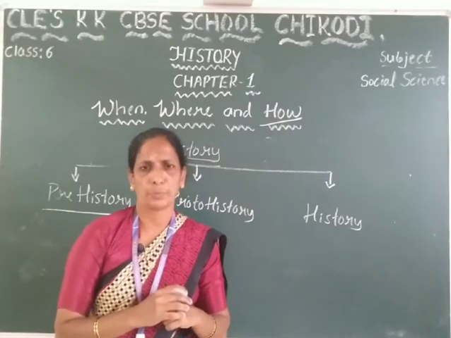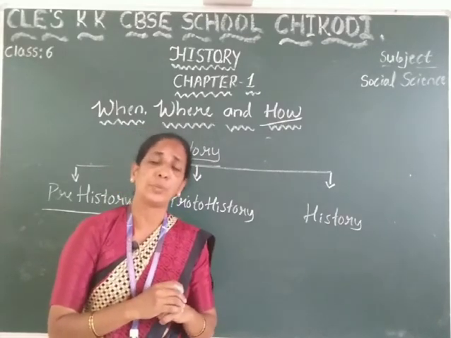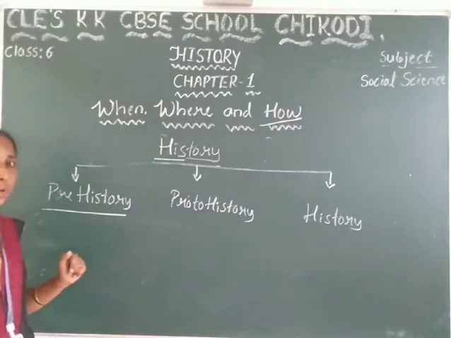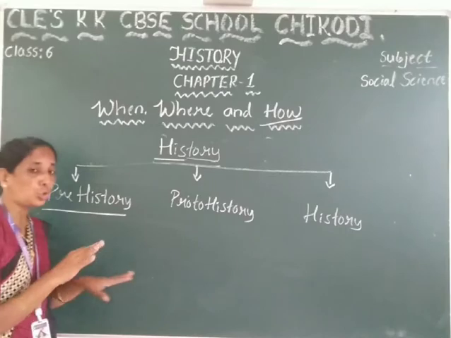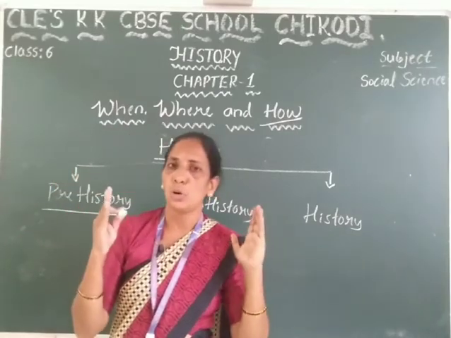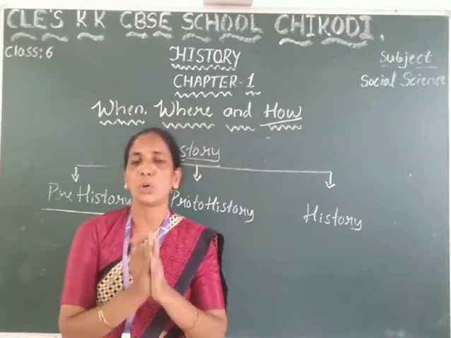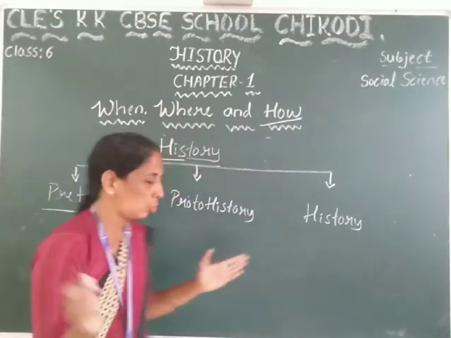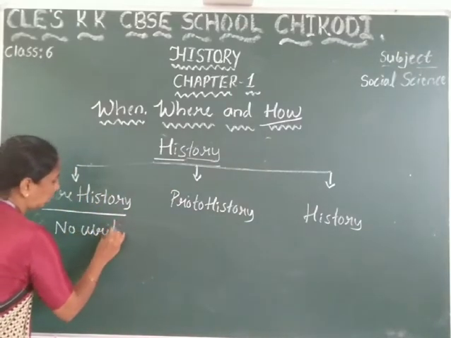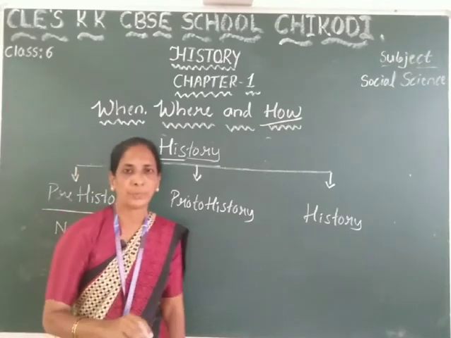They don't know how to write and how to read, but they know how to hunt and how to gather. So here no written records are there, because they didn't know how to write and how to read.